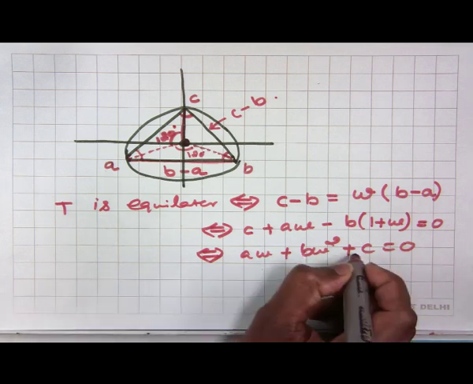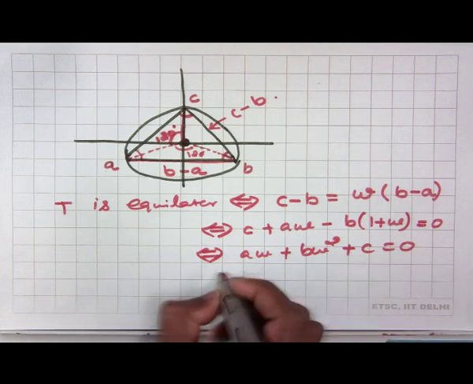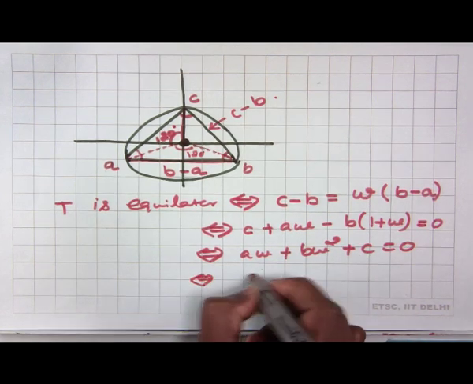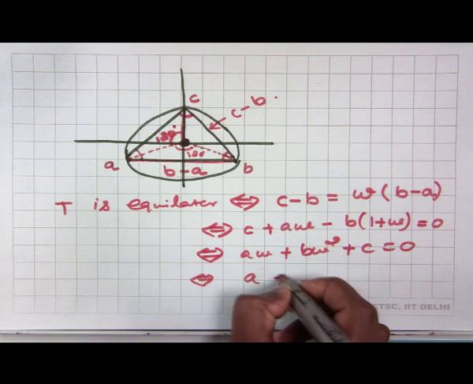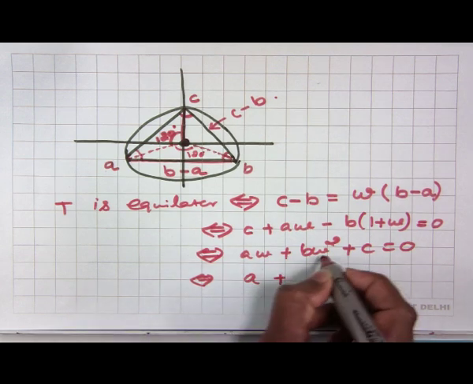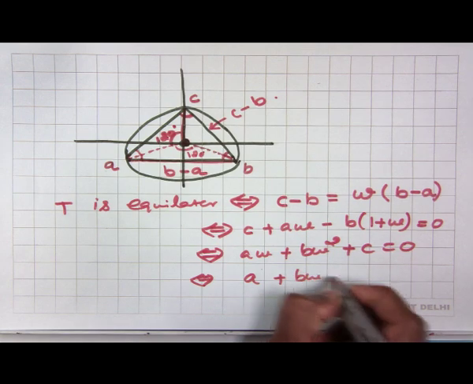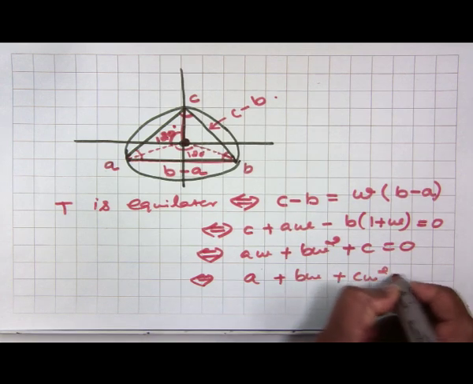Now to get our equation just multiply by omega square, then we get omega cube, that is 1, and omega power 4, that is omega.